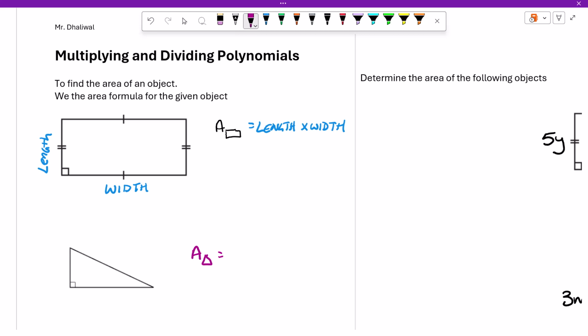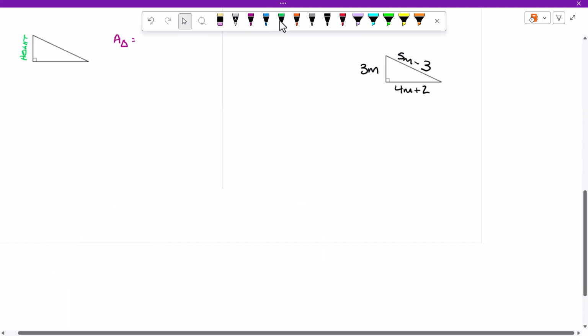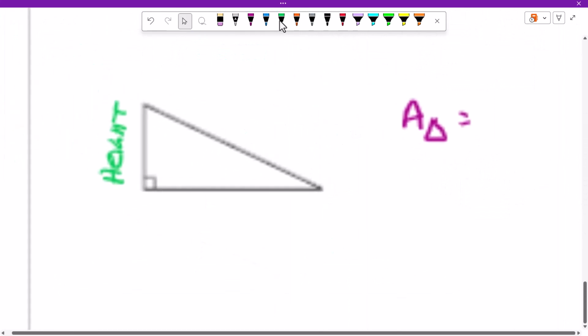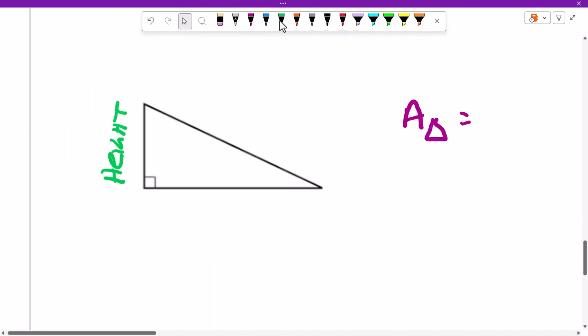So the formula for a triangle is exactly the same as for a rectangle, but just divided by 2, which is half the size, right? But the names of the sides change. So on a triangle, we call this our height instead of our length. We call this the base.